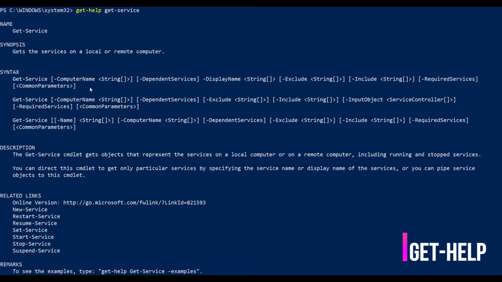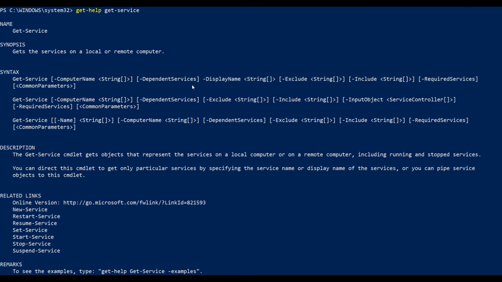For example, you have issued the Get-Service command and you have started off with the ComputerName parameter, and then you have given DependentServices as the second parameter. Till then, PowerShell cannot determine whether you're using the first syntax or the second syntax. From the third parameter, it will determine which syntax you are going to use.